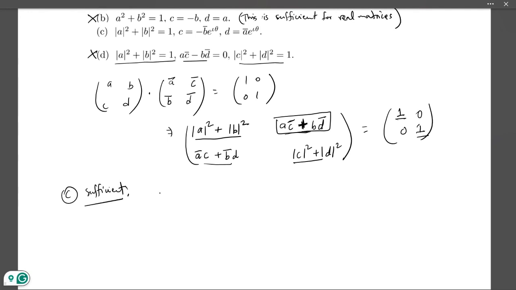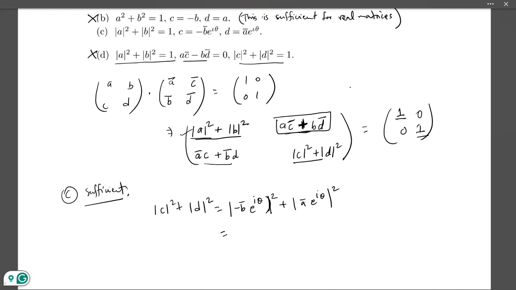Norm A square plus norm B square is equal to 1. Let me say mod A square plus mod B square is equal to 1. So the first place is done. We need C square plus D square is also 1, right? So C square plus D square. But what is C? Minus B bar e power i theta, mod square, plus D is A bar e power i theta, square.